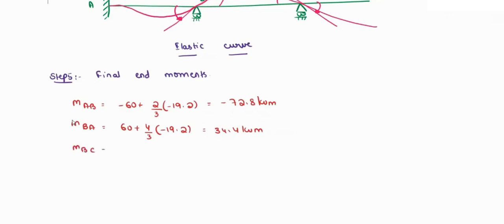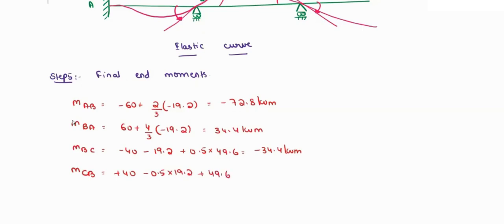Similarly, MBC will be equal to minus 40 minus 19.2 plus 0.5 into 49.6. So that will be minus 34.4 kilonewton meter. Similarly, MCB will be equal to plus 40, okay, minus 0.5 into 19.2 plus 49.6. So that will be equal to 80 kilonewton meter. So these are your final end moments that we have gotten.